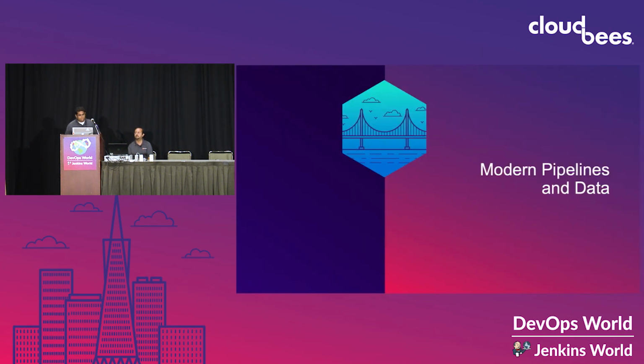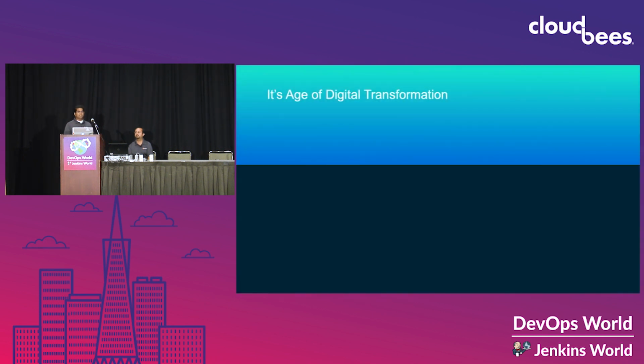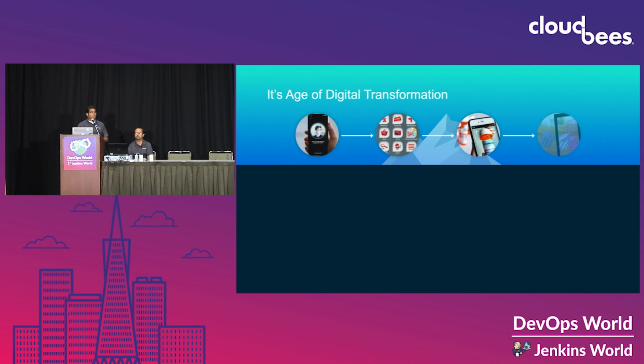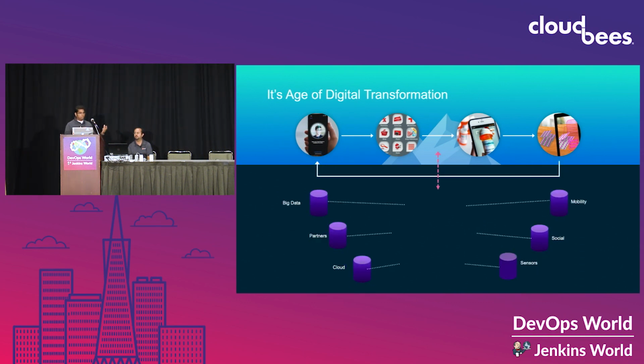So let's talk about the modern day data pipelines. As you guys know, digital transformation, everybody is on that buzzword. What it really means is you are building different types of applications, progressive web apps, mobile apps, IoT applications, your partner ecosystem applications, or mobility.